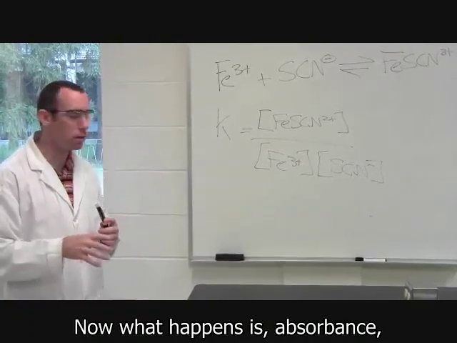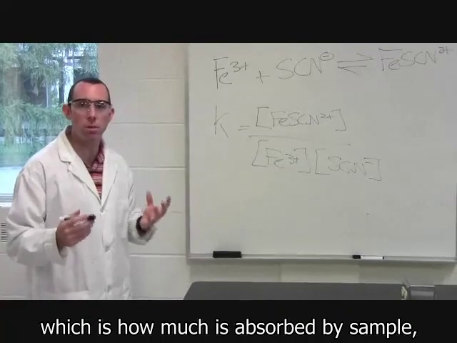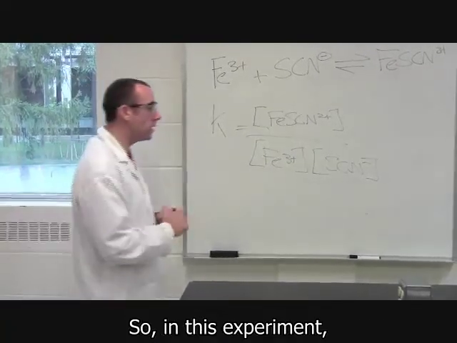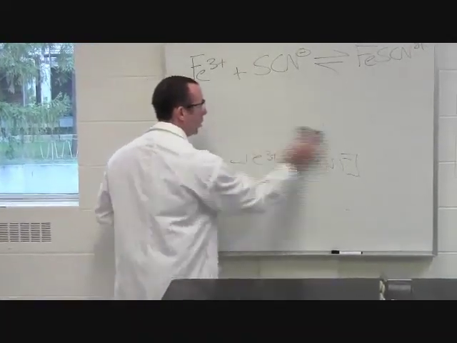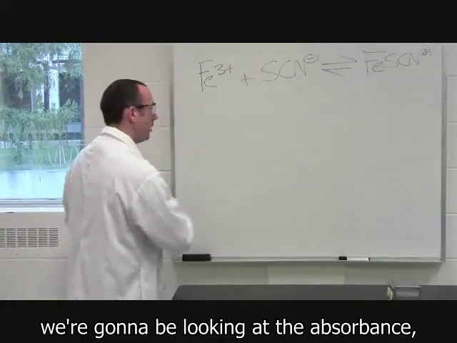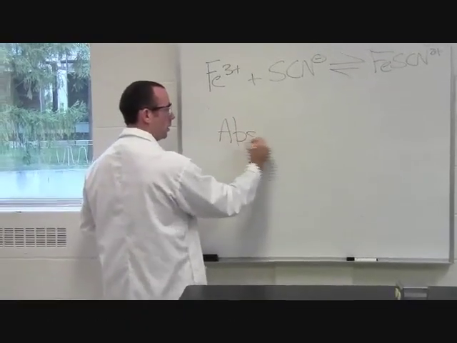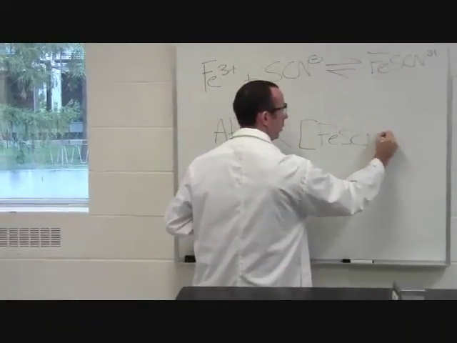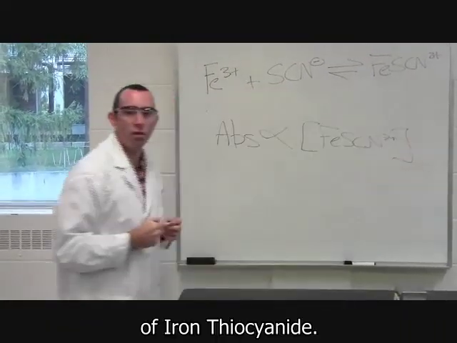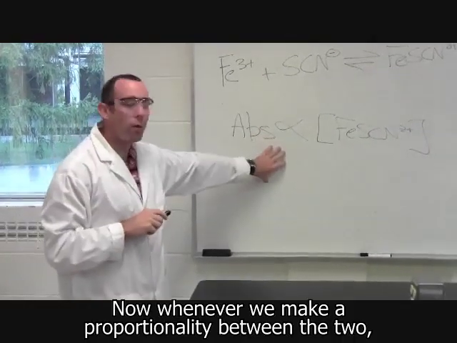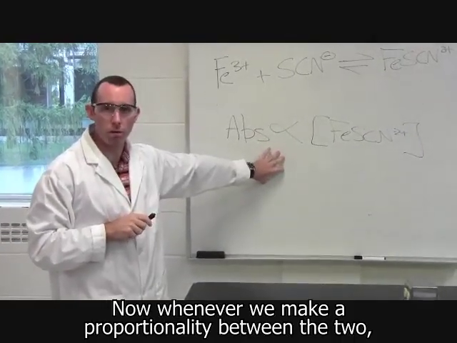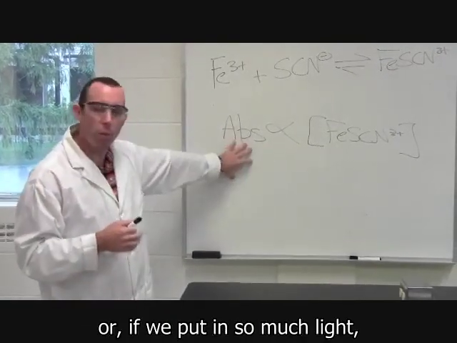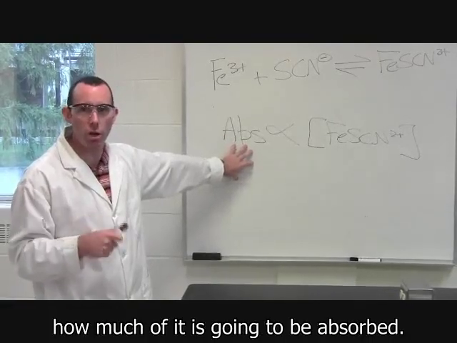Now what happens is, absorbance, which is how much light is absorbed by a sample, is directly proportional to the concentration. So in this experiment, we're going to be looking at the absorbance being proportional to the concentration of iron thiocyanate. Whenever we make a proportionality between the two, we have to figure out how strong is that proportionality, or if we put in so much light, how much of it is going to be absorbed.